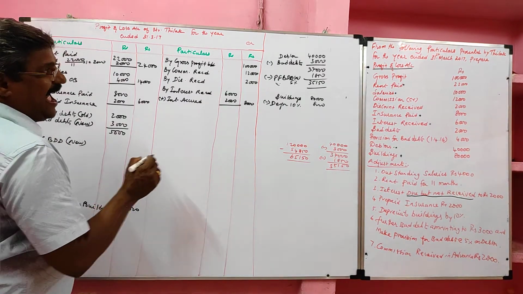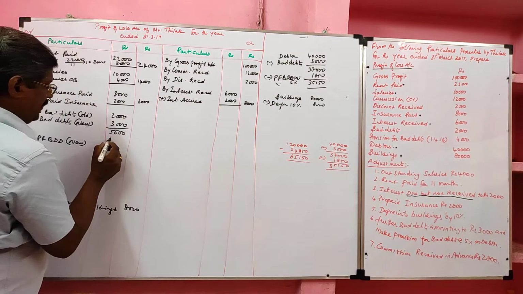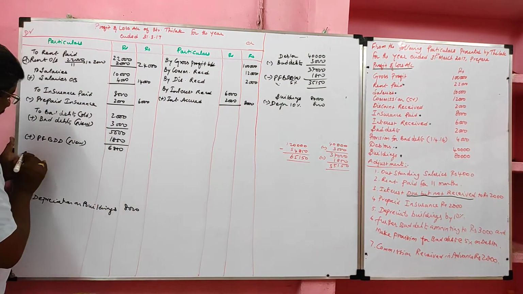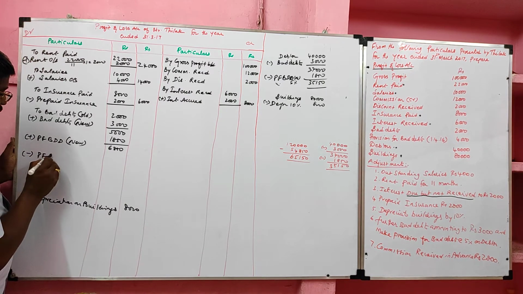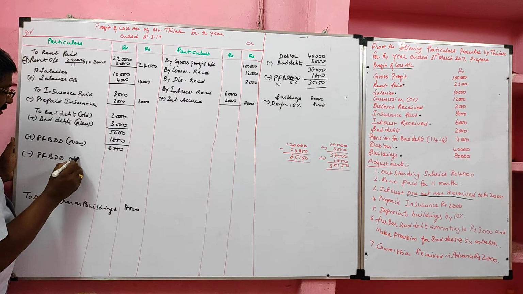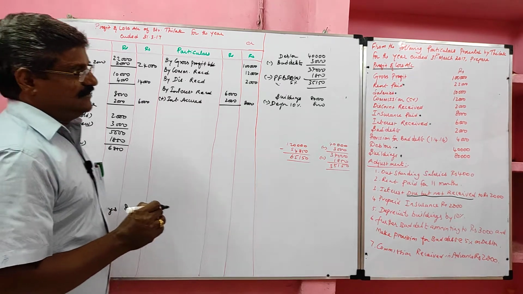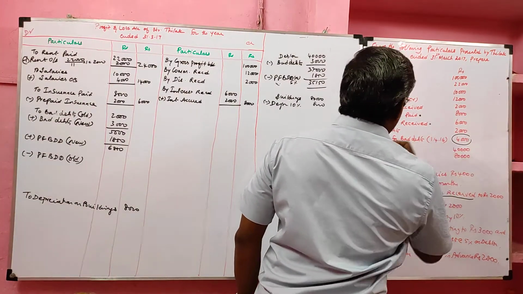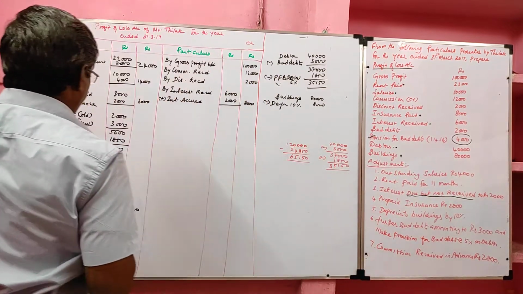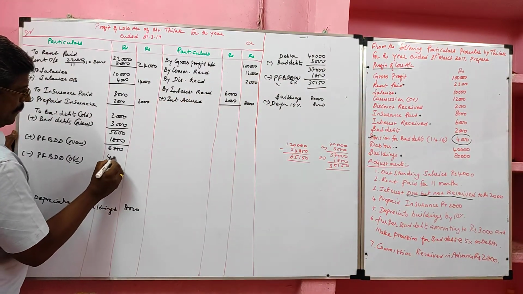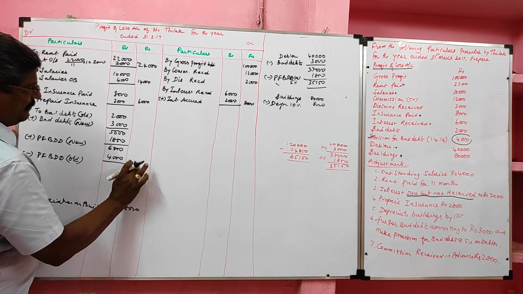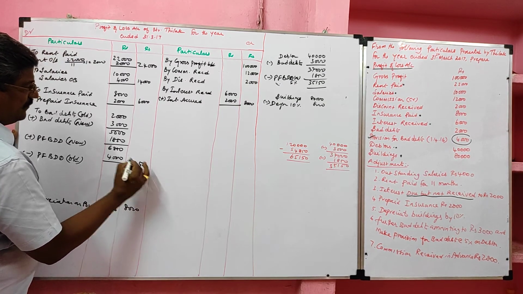New should be added, value 1,850. 6,850 minus provision for bad and doubtful debts old given in the trial balance we have to deduct. Provision for bad and doubtful debts old how much? 4,000 rupees. It should be deducted. So balance 2,850.